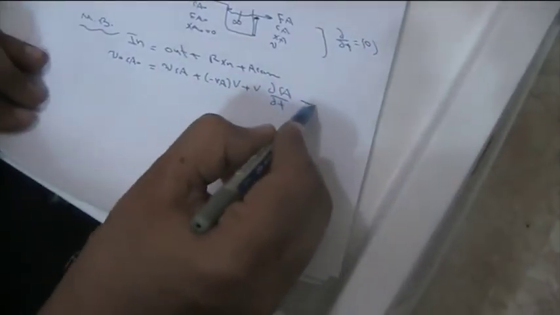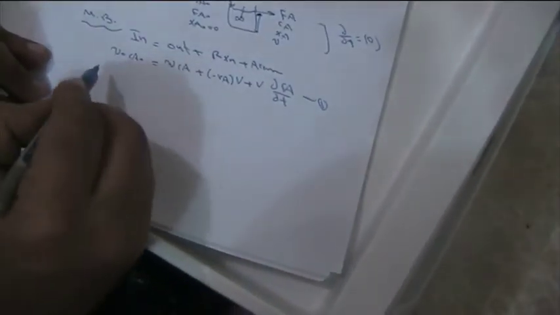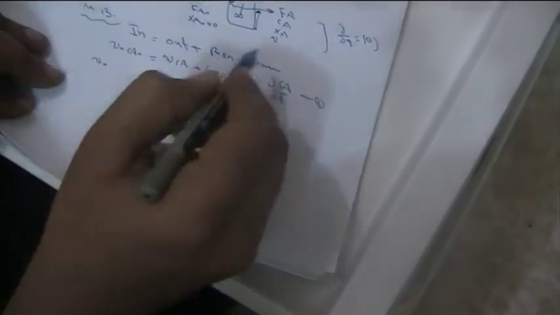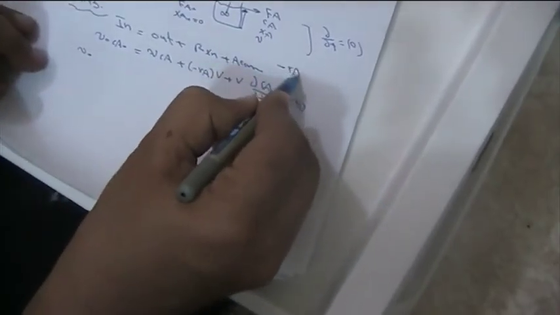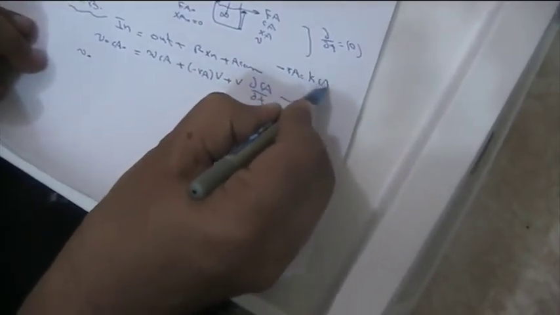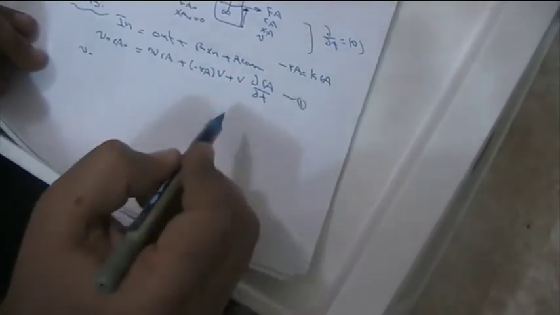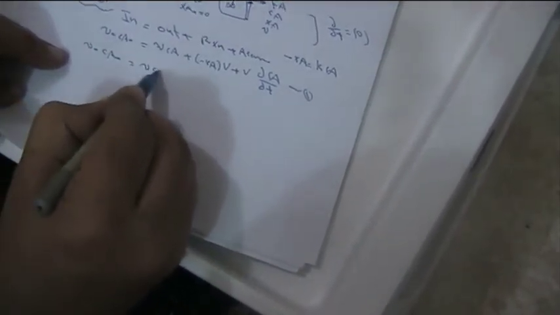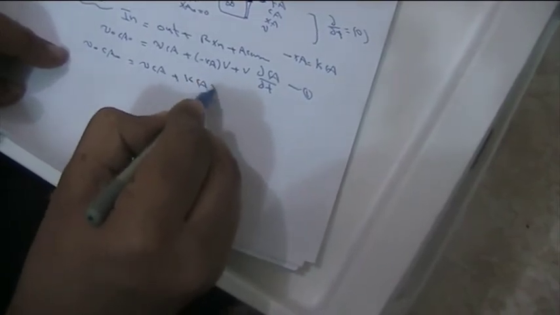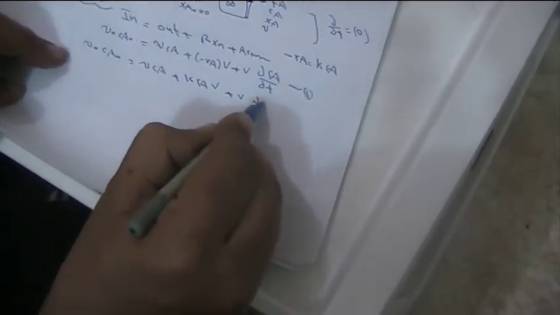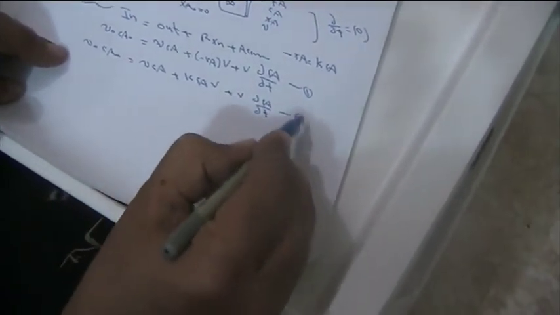And this is equation 1. So V naught, and assume the reaction is first order. So minus RA will equal K CA. So V naught CA naught will equal V CA plus K CA V plus V dCA over dt. And let this be equation 2.